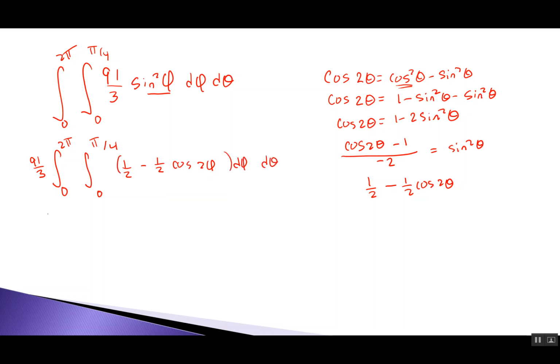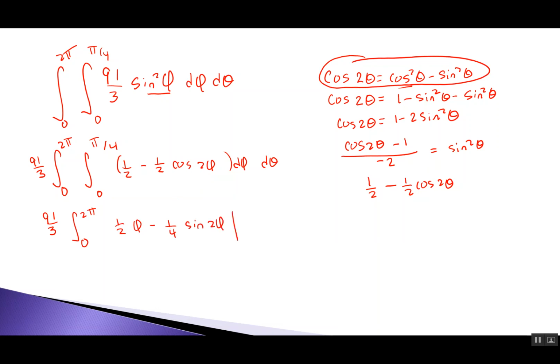And now I can integrate that. So this identity is really key. 1/2 phi minus 1/4 sine 2 phi, phi equals 0 to phi equals pi over 4, d theta.